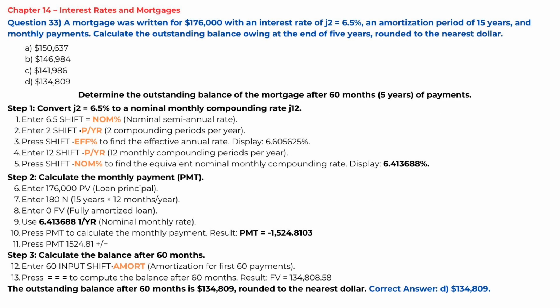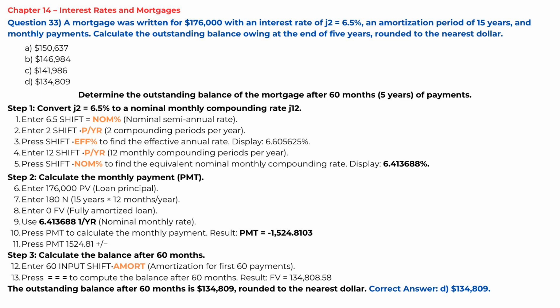A mortgage was written for $176,000 with an interest rate of J2 equals 6.5%, an amortization period of 15 years, and monthly payments. Calculate the outstanding balance owing at the end of 5 years, rounded to the nearest dollar. Determine the outstanding balance of the mortgage after 60 months, 5 years, of payments. Step 1.